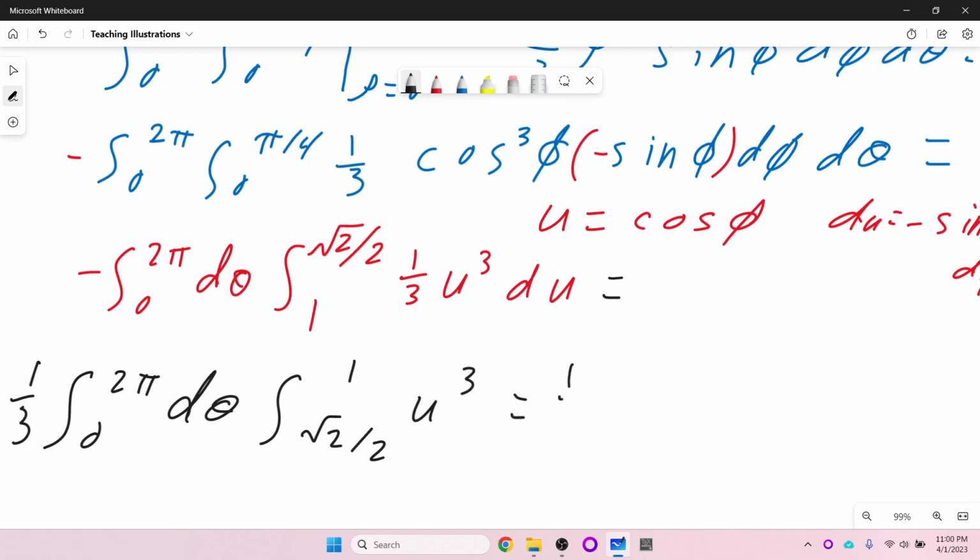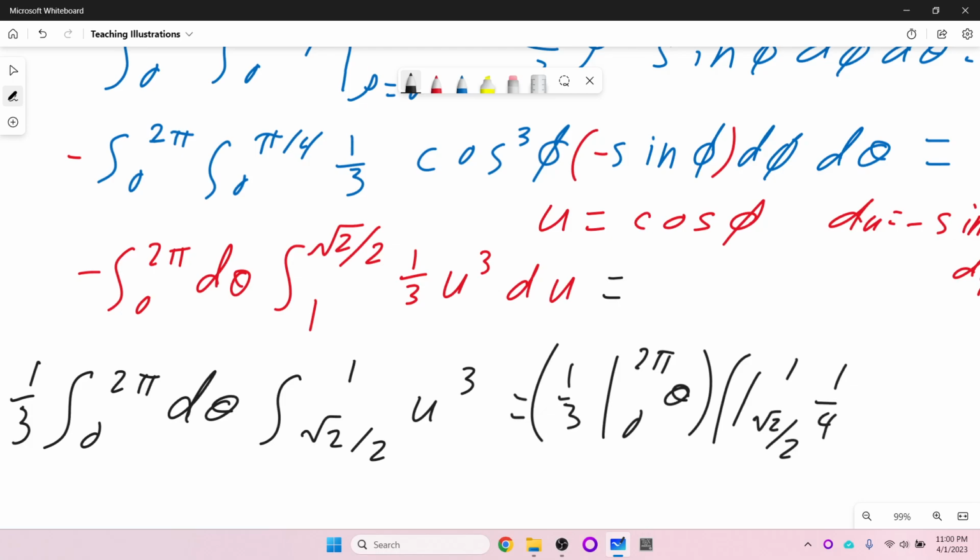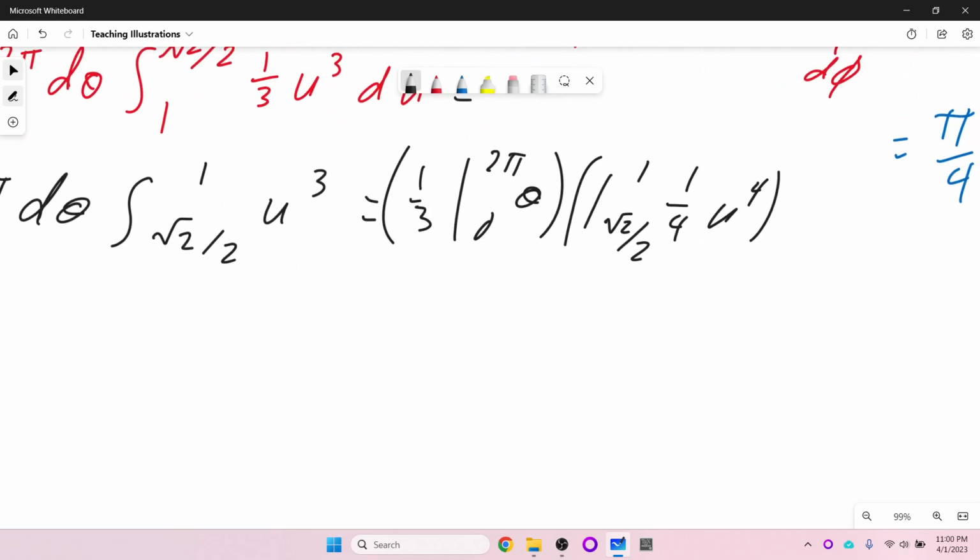So that'll be 1/3, 0 to 2 pi d theta, and from root 2 over 2 to 1 of 1/4 u to the fourth. And then we finish this off. It's then 2 pi over 3 times 1/4 minus, plugging in 1 for u, so I get 1/4.